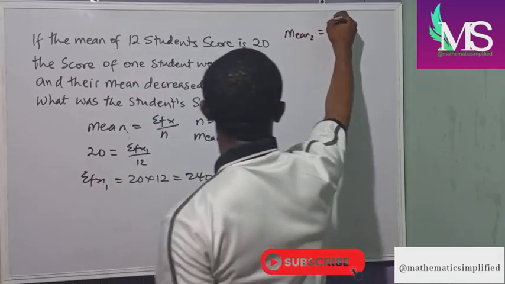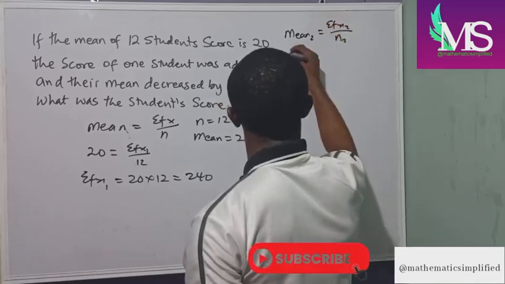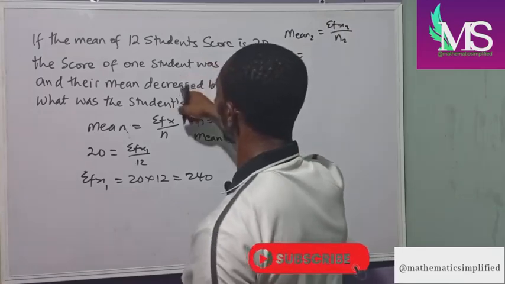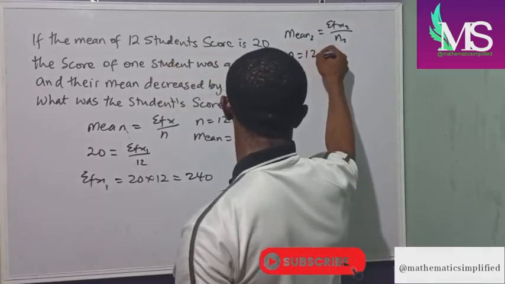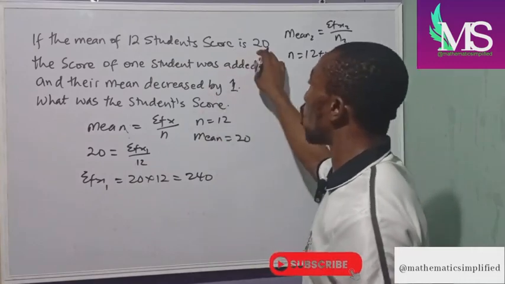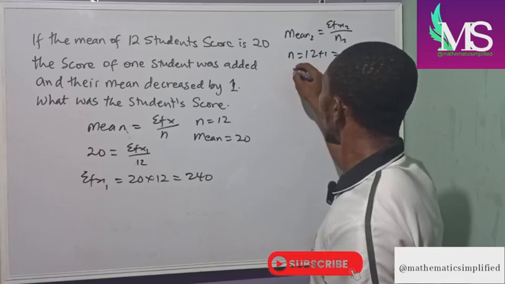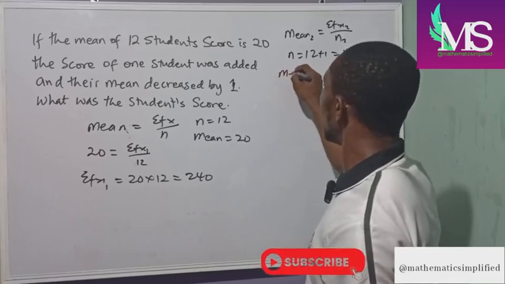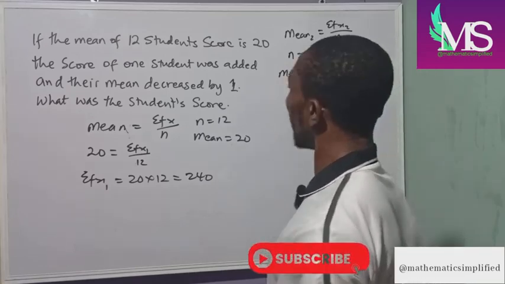ΣFX2 over N2, where our N, since one student was added, will be 12 plus 1, which is 13, and the mean score decreased, so our mean will become 20 minus 1, which is 19.